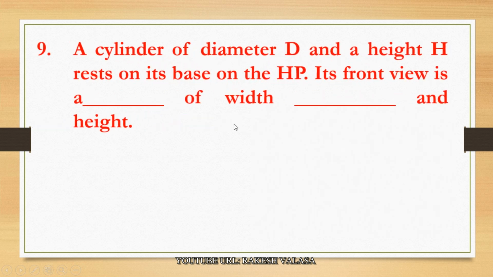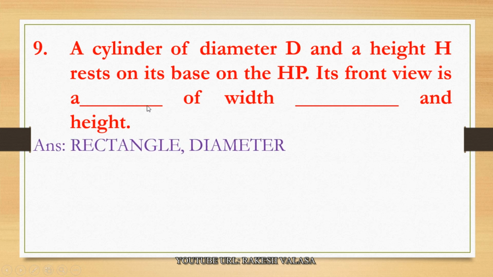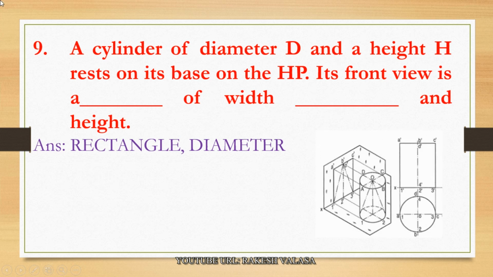Question number 9. A cylinder of diameter D and height h rests on its base on the HP. Its front view is a dash of width dash and height h. The answer for the first blank is rectangle, with width equal to the diameter and height h. You can see this image.